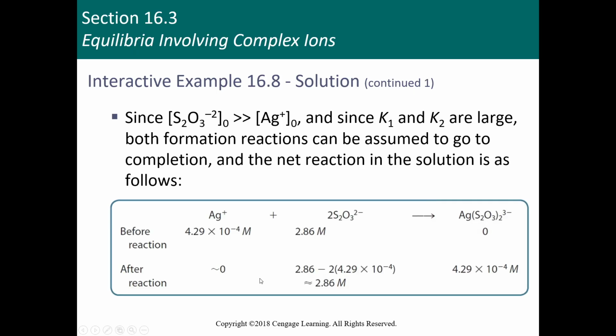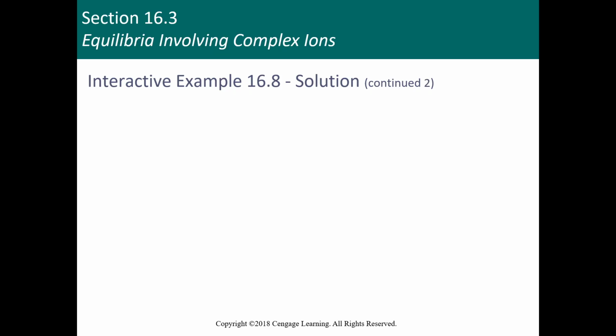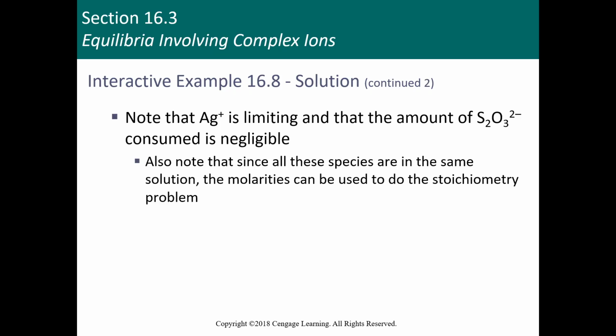Okay, and so we're going to consume all of our silver. That concentration isn't large enough to really affect our ligand here, and so that essentially stays the same concentration. And our complex is going to use up all of our silver. So in this case, 4.2 times 10 to the negative 4 is what we're going to produce of that final complex.